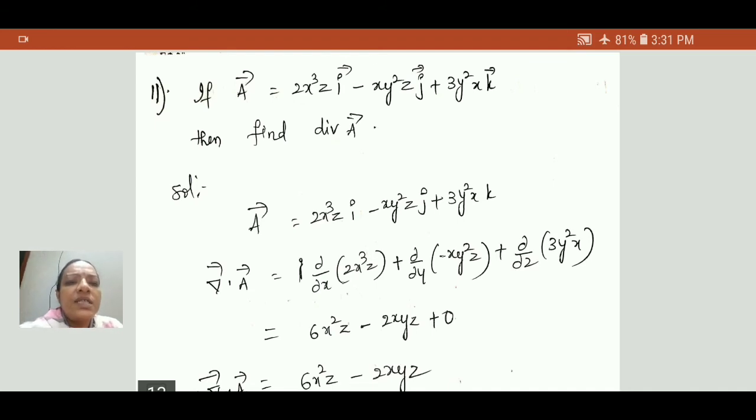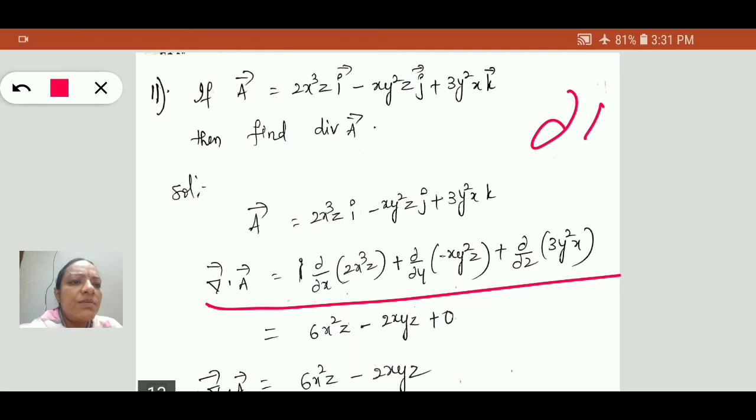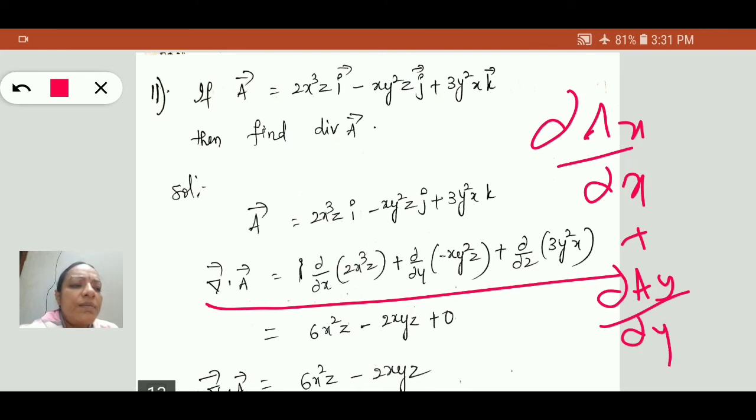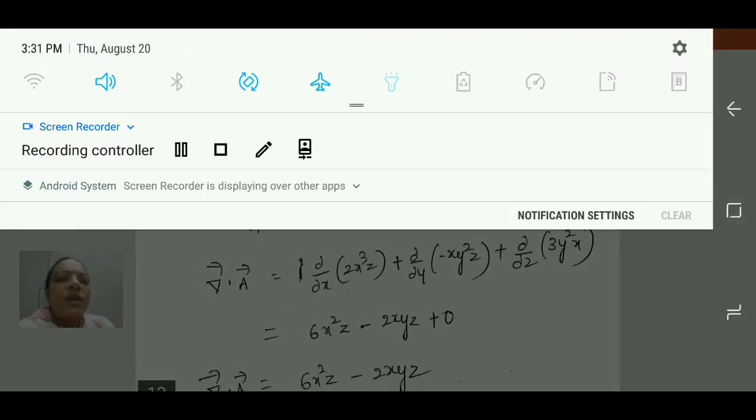The divergence of A is ∂Ax/∂x plus ∂Ay/∂y plus ∂Az/∂z. So this is the divergence formula.